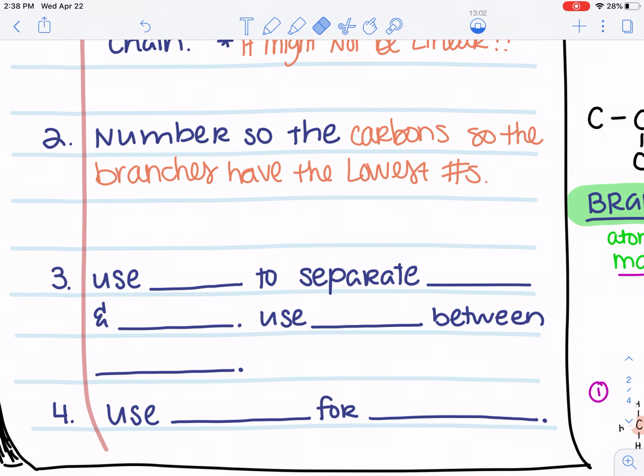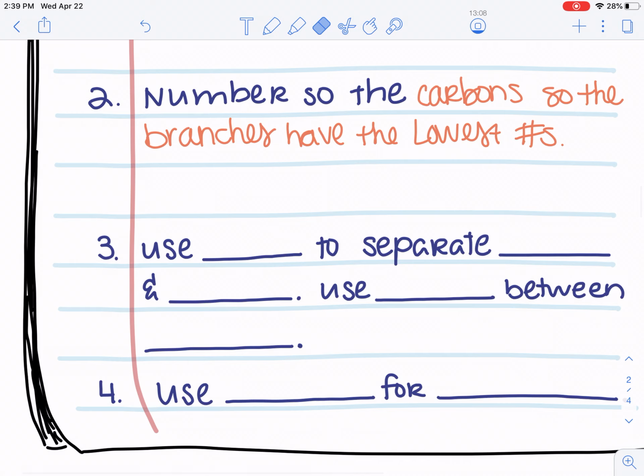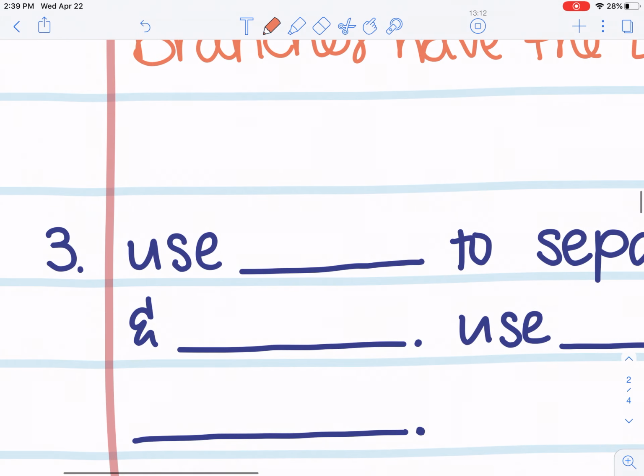Now I'm going to remember to use a dash or a hyphen. I don't really know what the difference is.